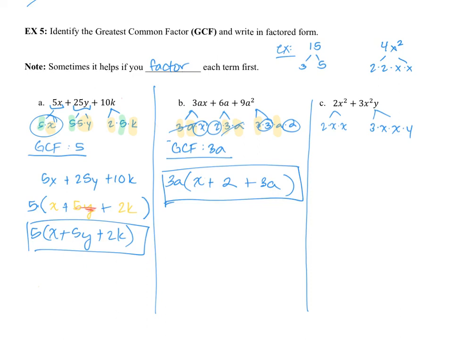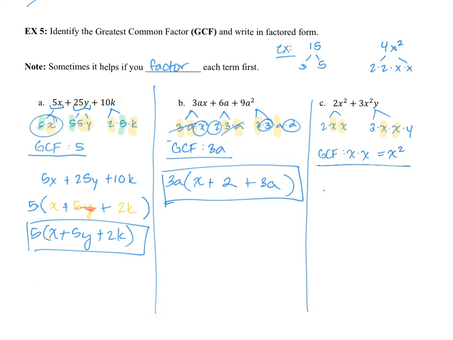Well, this one has an x, and that one has an x. In fact, they each have 2 x's. But they don't share anything else in common, so our greatest common factor is going to be x times x, which we can actually simplify into x squared.